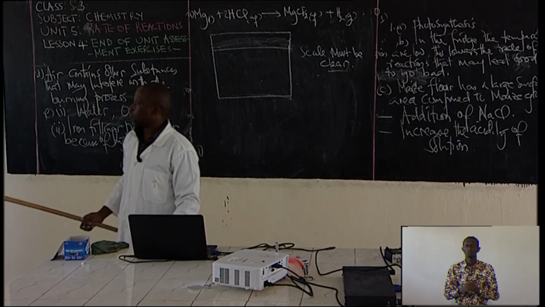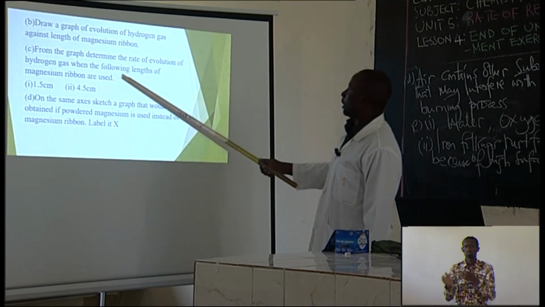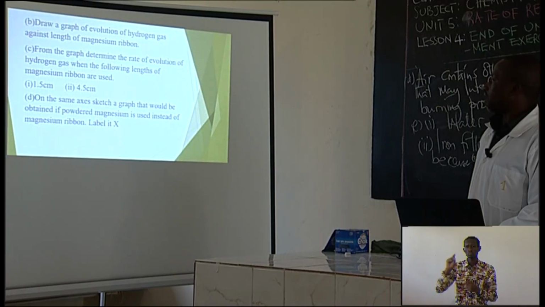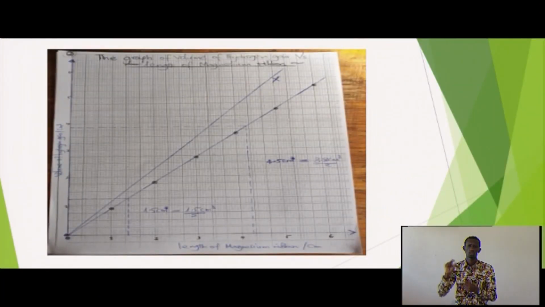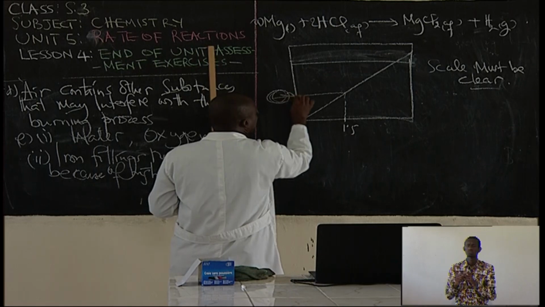So going back briefly, from the graph, determine the rate of evolution of hydrogen gas when the following lengths were used. 1.5: if the graph is moving like this, I go to 1.5 here, draw a line, then determine the volume of the gas that is produced.